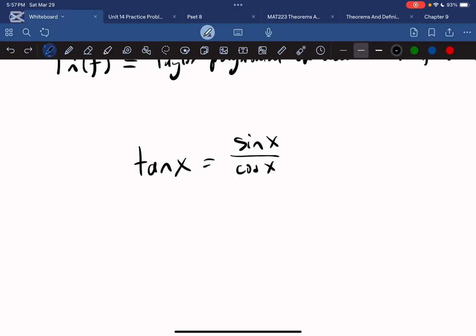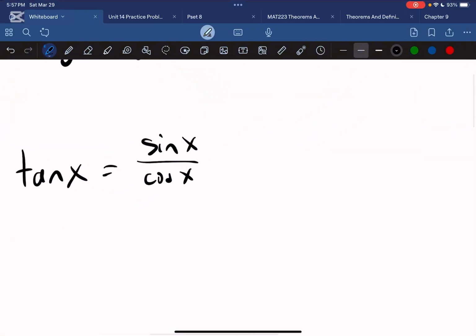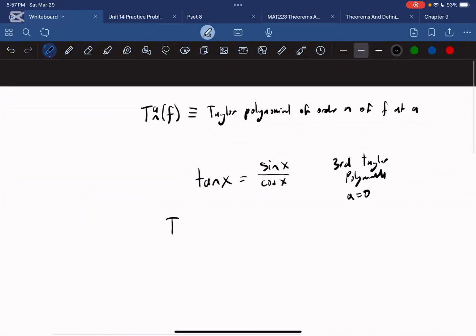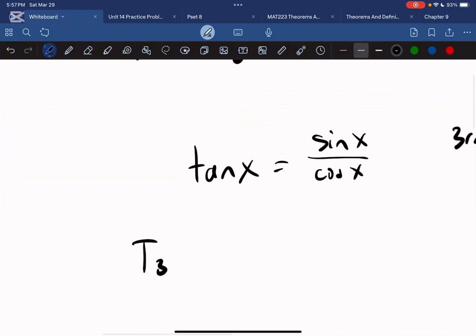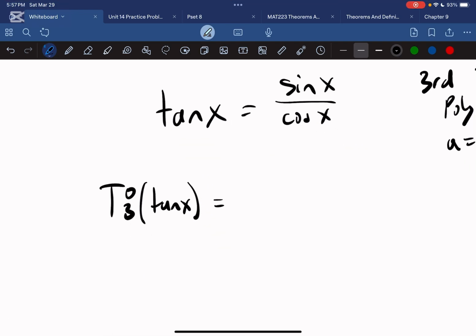All right. So let's rewrite tan as this. Sorry, I should define more of the question. We want the third Taylor polynomial when a is equal to 0. So this would be tan x is equal to sin over cos.